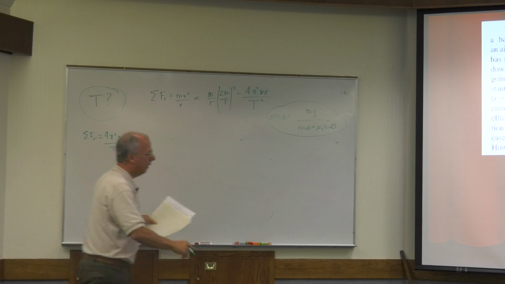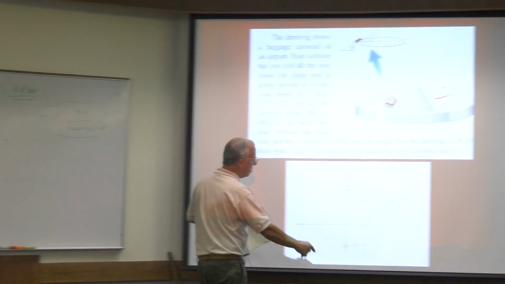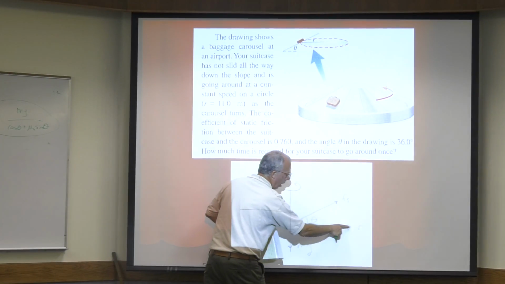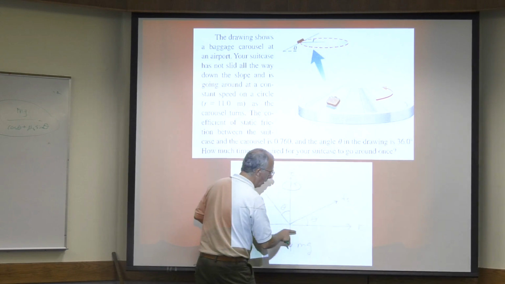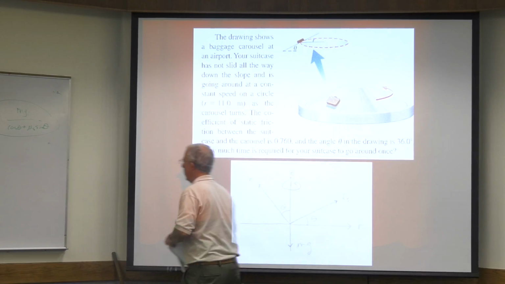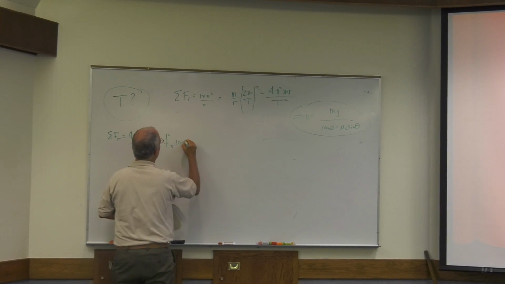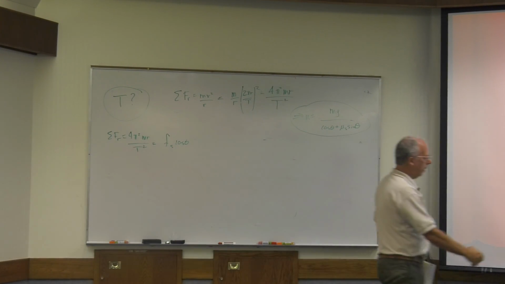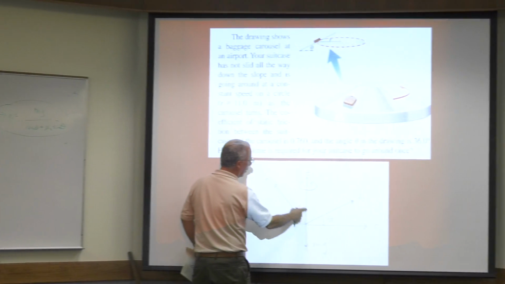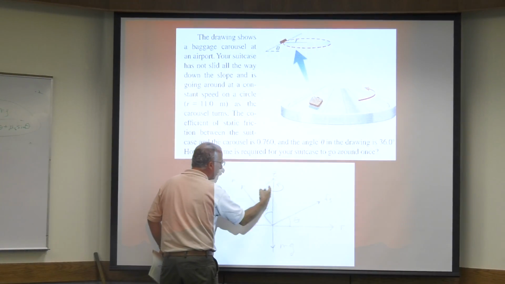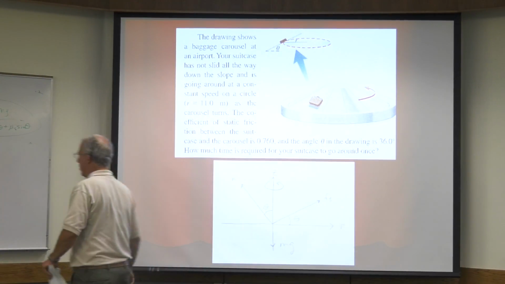Okay, so what is it? Well, this is the center of the circle, right? Because that's where the r axis points to. So I have Fs cos theta. And then here, this is n cos, this is n sine. It points away from the circle, right? N sine theta points away from the circle.